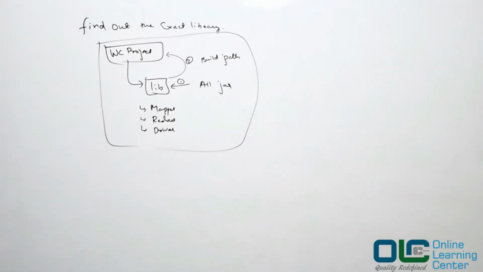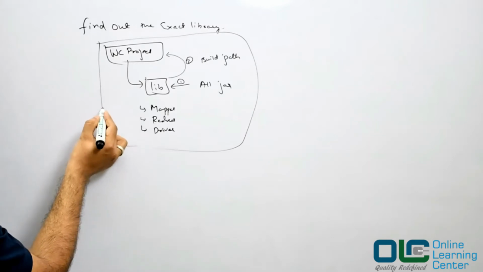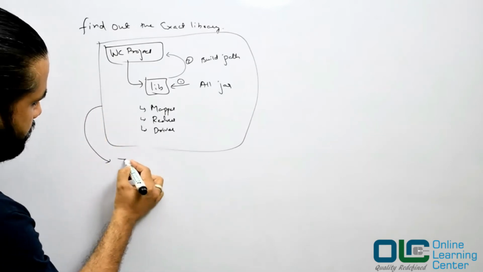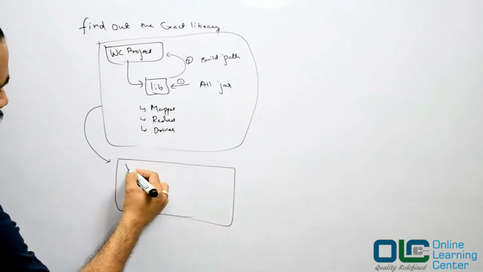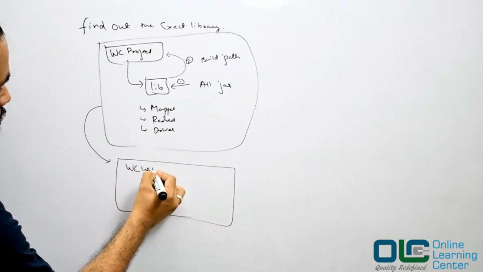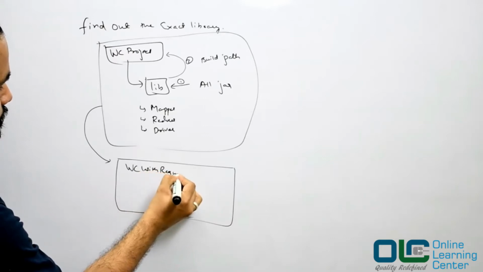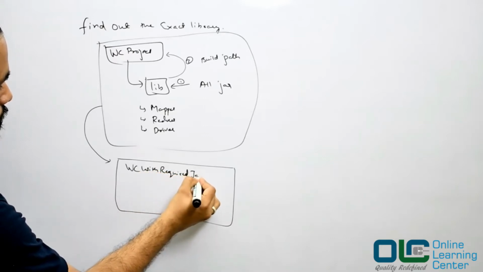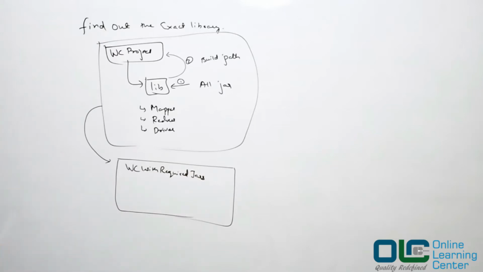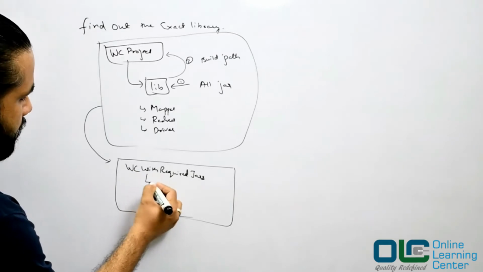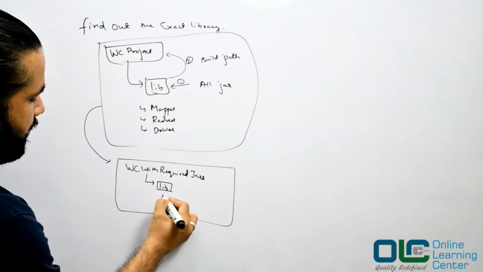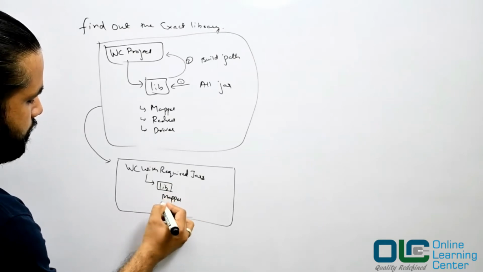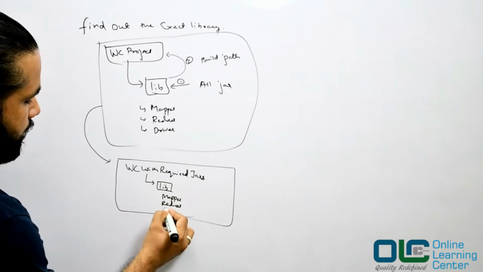Now we will create one more project, which I'll call word count with required jars, wherein we will have a lib folder and the same mapper, reducer and driver.